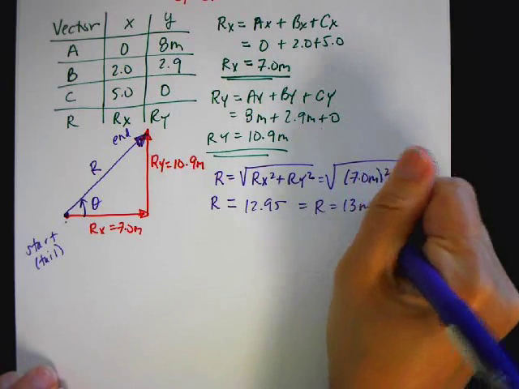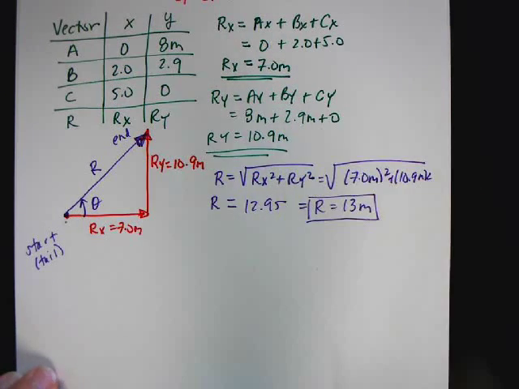Obviously, it's easy to find the angle inside the triangle. So, because I know opposite and adjacent, I'll use tangent. So tan of theta is equal to opposite over adjacent. So it's equal to Ry over Rx, which is equal to 10.9 over 7.